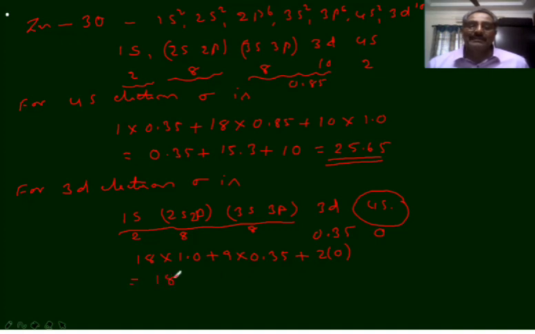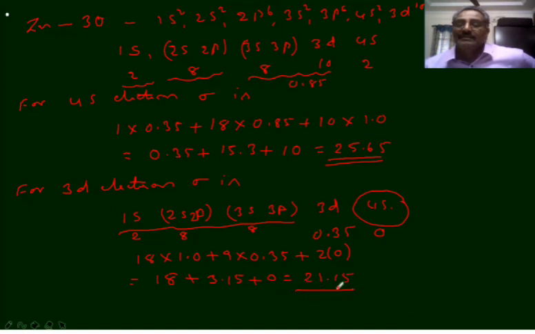That is 18 plus 9 into 0.35, 3.15, plus 0, that is 18 plus 3.15, equal to 21.15. This is the screening constant for d electron.